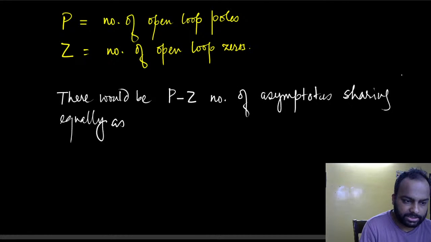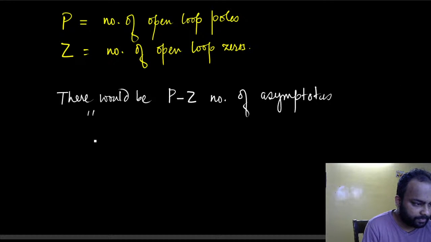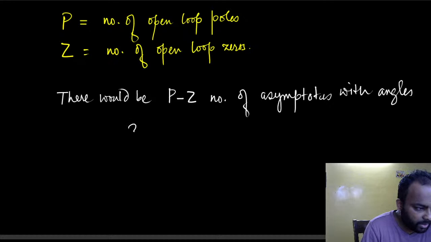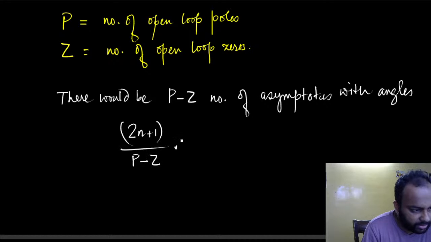Instead of saying this, let's write the asymptotes with angles (2n plus 1) divided by p minus z times 180.